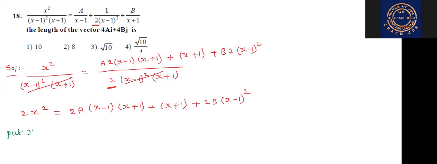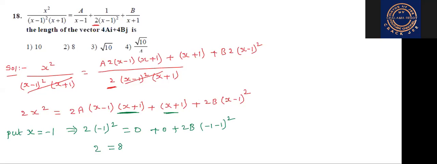Put x is equal to minus 1, a is going to 0, then you will get b value. If x is equal to minus 1, this term is going to 0. This is also 0 plus 2b into (minus 2) whole square, that is 4. 4 2s are 8. 2 is equal to 8b. Then what is b? B is equal to 1 by 4.